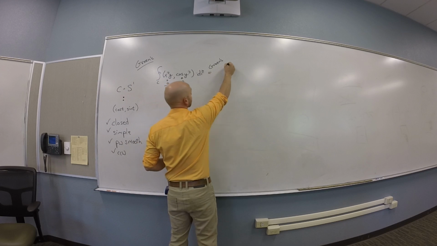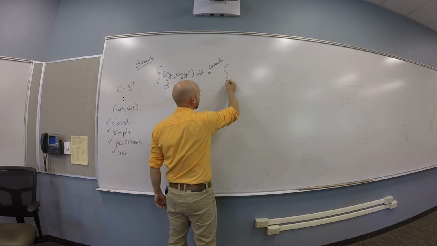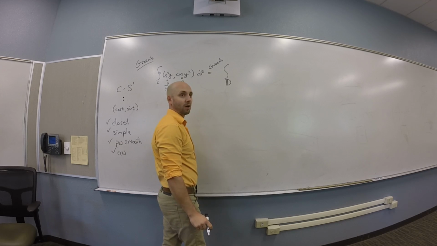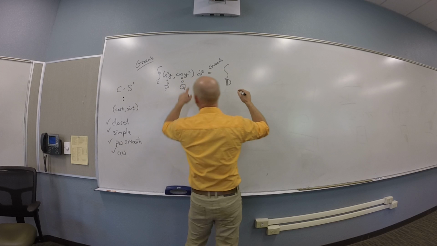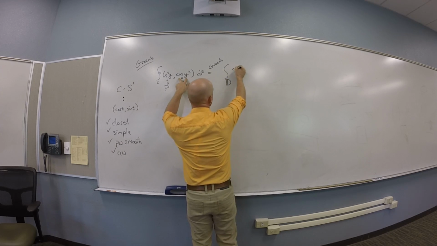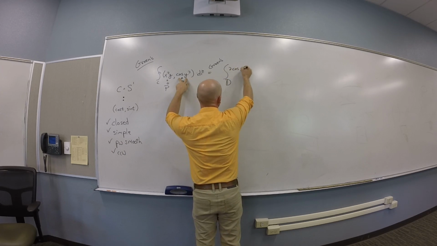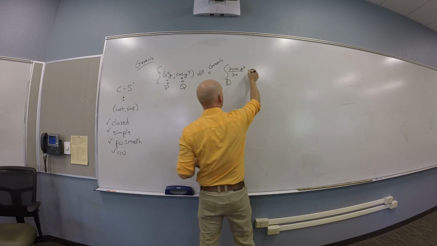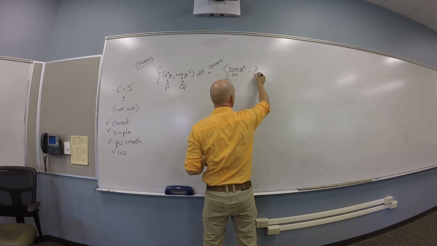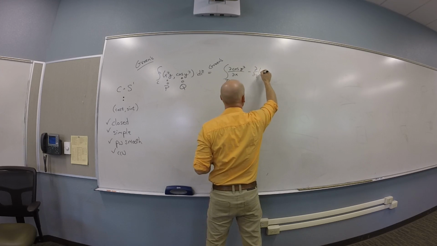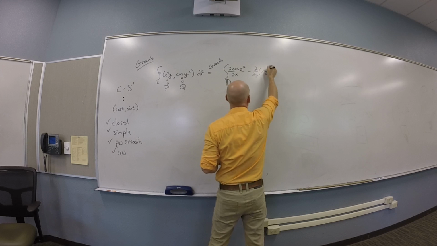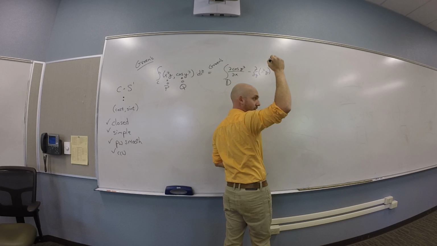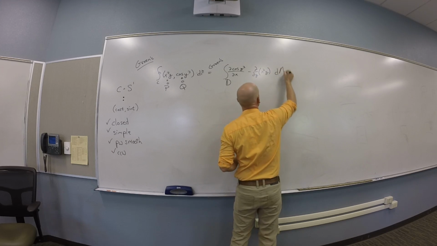Green's says that this should be the integral over the disk of the partial of Q with respect to x, so that's the partial of cosine y cubed with respect to x, minus the partial with respect to y of x squared y, and then I need dA, which ends up being r dr d theta.